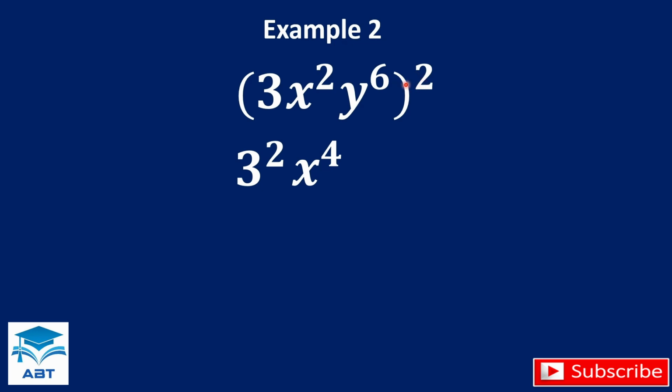So we multiply 6 by 2, and y will have an exponent of 12. And we can go ahead and simplify 3 exponent 2. That means 3 is multiplying itself twice. That's 3 times 3, and it's 9. We have x exponent 4 and y exponent 12.